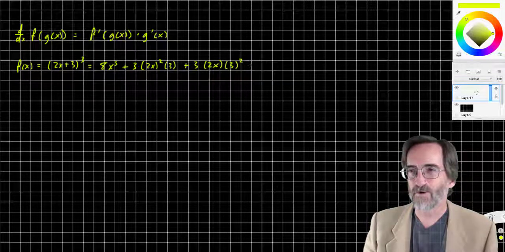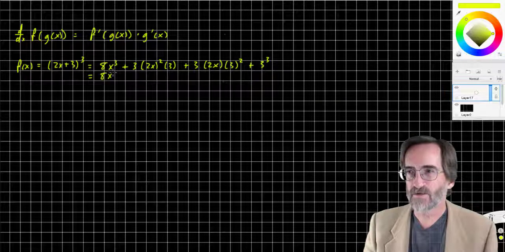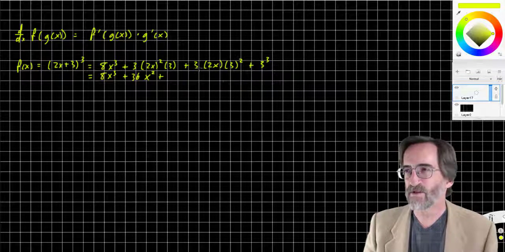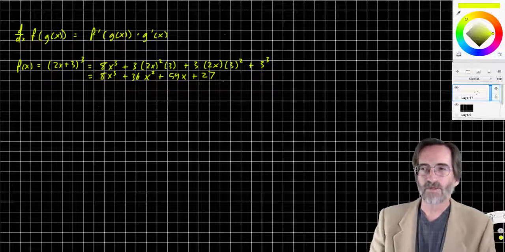This is the binomial expansion if you would want to look it up. That works out to 8x cubed plus 36x squared plus 54x plus 27. Okay, so we expand it.